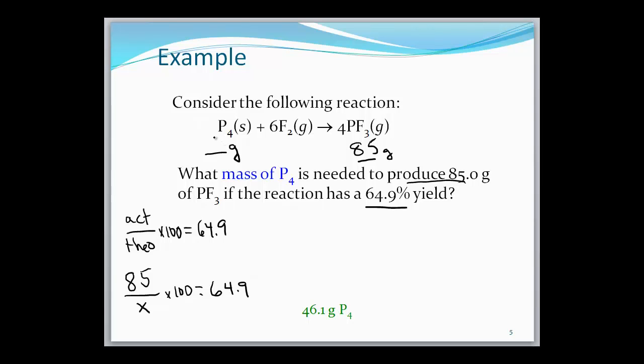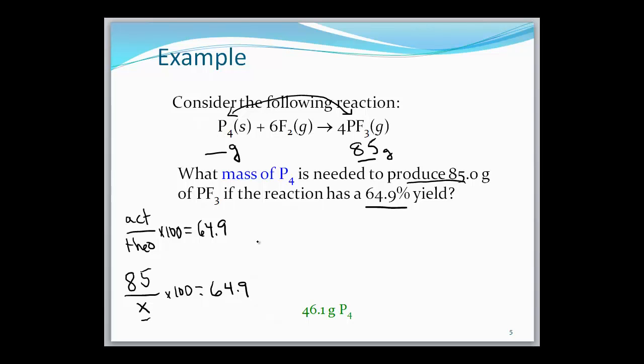First of all, let's address the first question. What we're trying to find is our value of P4. We know that if we had a value here, we could calculate how much of that we should theoretically have. So, if we know how much we theoretically have, we can work backwards and calculate how much we started with. So we're going to calculate the theoretical, solving for x, and then go backwards.